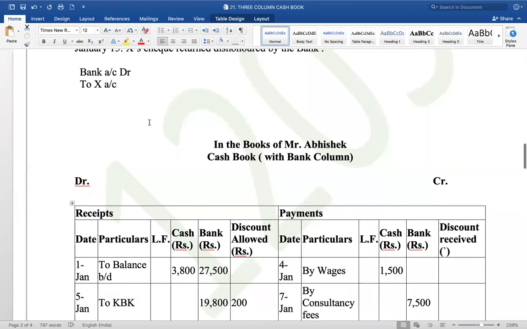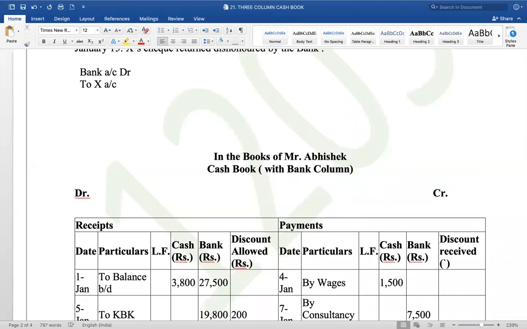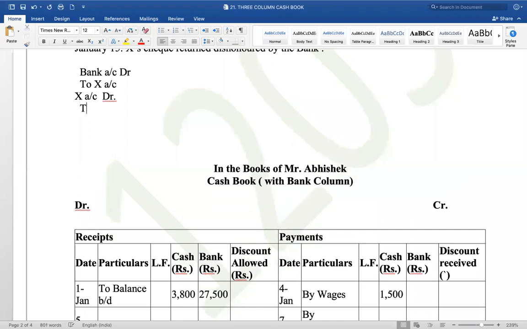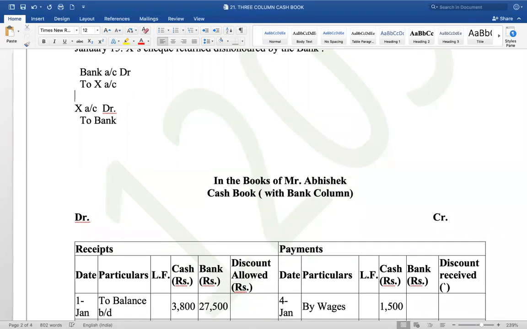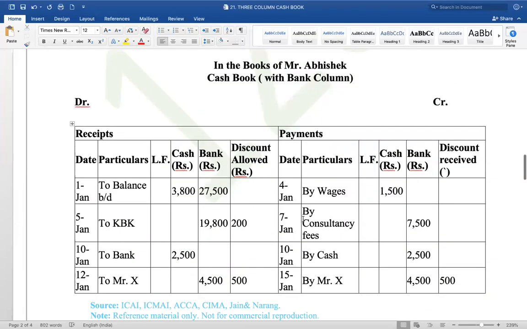When the same is bounced and you are giving that bounced check back to X, what do you write? X account debit, to cash. I'm sorry, to bank. Bank. That's it. Reversed. That's what we did.